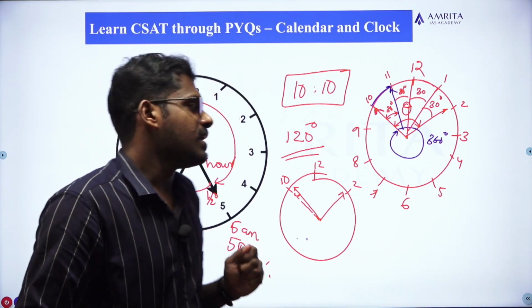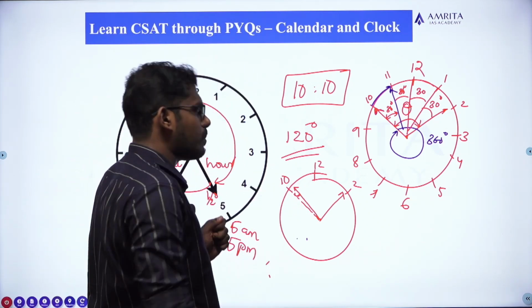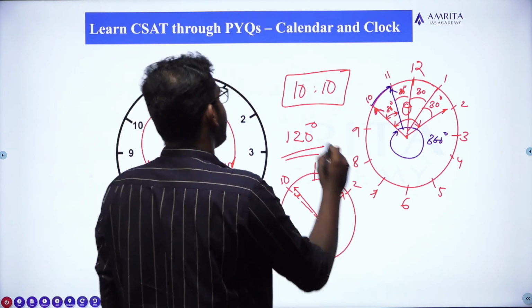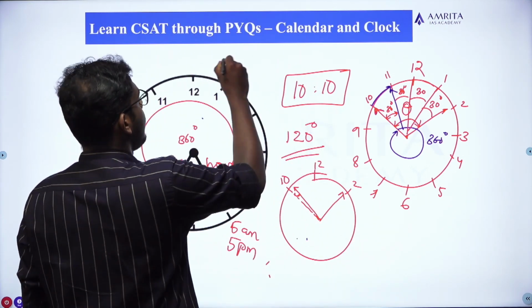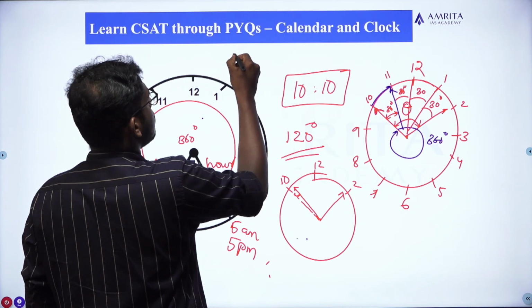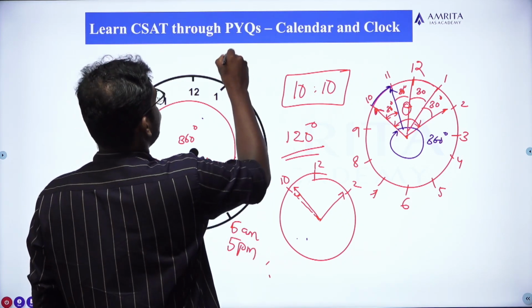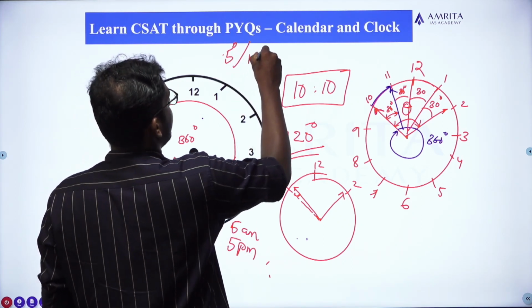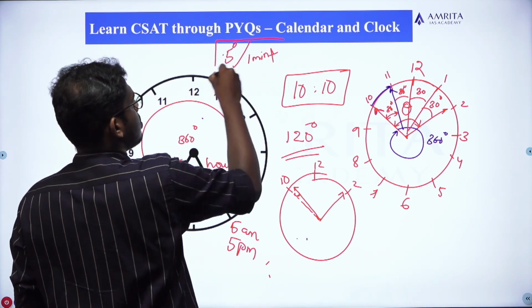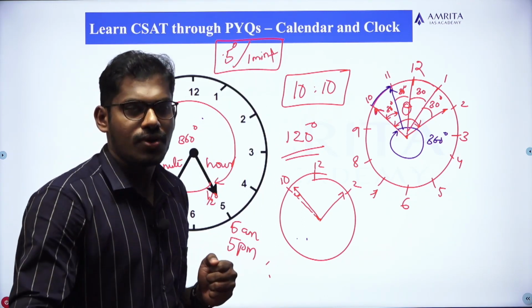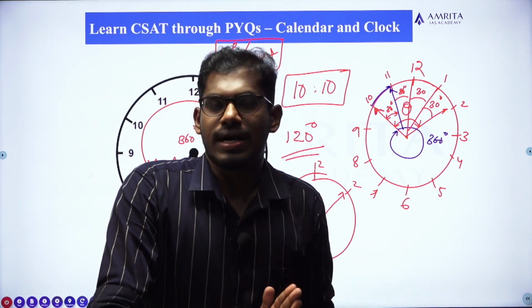Clear? Okay. So in order to find this small amount, we have to rely on the idea that an hour hand makes 0.5 degree per 1 minute. An hour hand makes an angle of 0.5 degree per 1 minute.